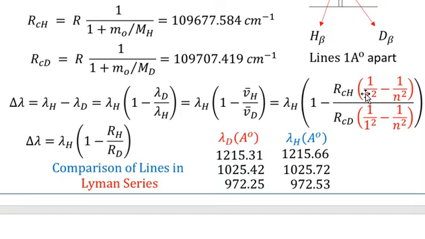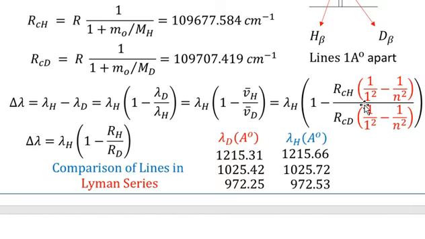In the Lyman series, all the transitions are to the ground state of the atom, where the principal quantum number n prime is equal to 1. Similarly, for the deuterium atom we also use the Lyman transition to the ground state, with n prime equal to 1. So R_CD, the corrected value for the deuterium atom, is multiplied by 1 over 1 squared minus 1 over n squared.